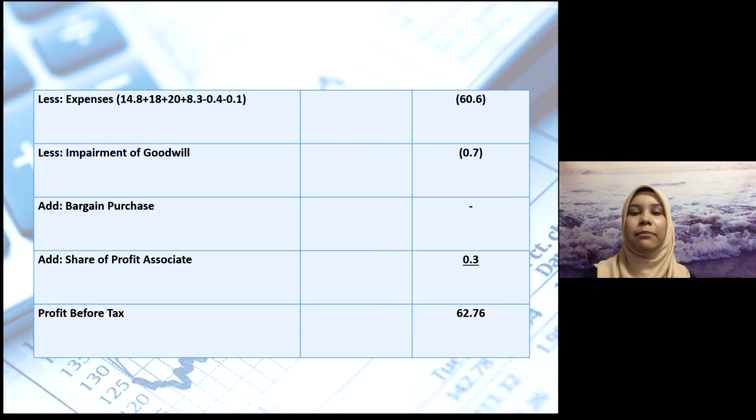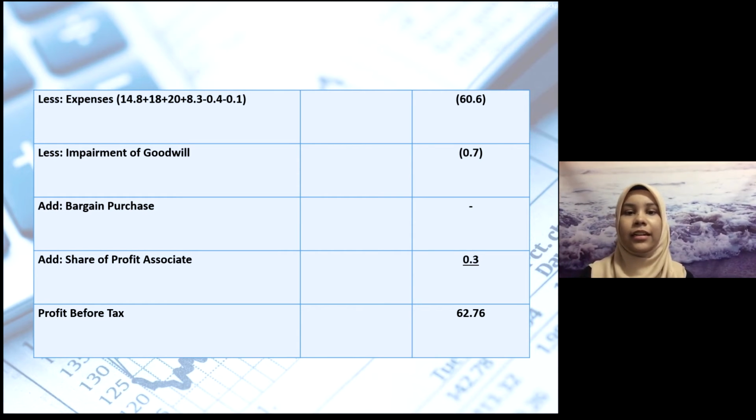After that, minus impairment of goodwill of 0.7 million. Impairment of goodwill can be obtained from additional information number 7, where goodwill on acquisition of subsidiary should be impaired at 10%. So the amount of goodwill is 7 million, and times 10% we get 0.7 million.